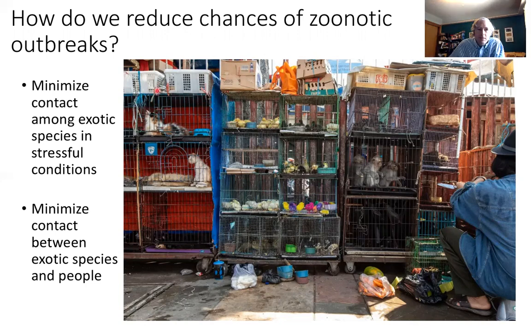So placing animals in stressful conditions increases the chance they themselves will get disease. And also, because they're in very close proximity, that is increasing the chances that the disease can jump between species. So here, for example, we've got some chickens, some other birds, some quail, these monkeys, pussycats, and who knows what's in there.